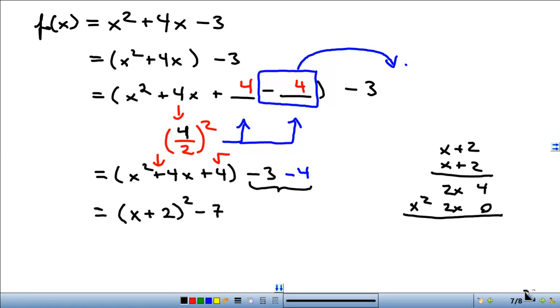When I add it all together, x squared plus 4x plus 4. So x plus 2 quantity squared is x squared plus 4x plus 4. All I did is complete the square, and now it's in standard form. So I can put my f of x right here, and everything's good. So, yay! And by the way, its vertex is going to be negative 2, negative 7.